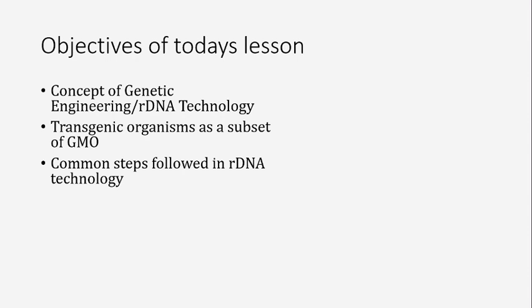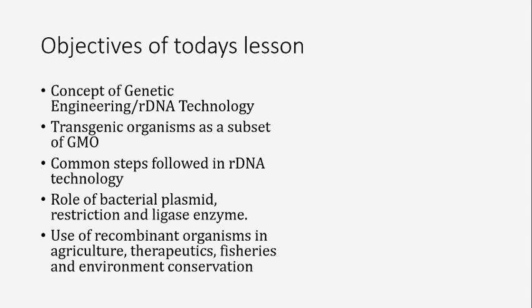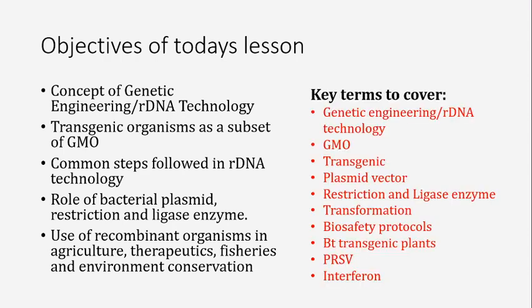We have also learned the role of bacterial plasmid, restriction and ligase enzymes in genetic engineering, and the use of different recombinant organisms in agriculture for increased yield or pest resistance, and also in therapeutic purposes, fisheries, and environment conservation. We've also learned key terms: transgenic, GMO, plasmid vector, restriction and ligase enzyme, transformation, biosafety protocols, Bt transgenic plants, PRSV, and interferon.